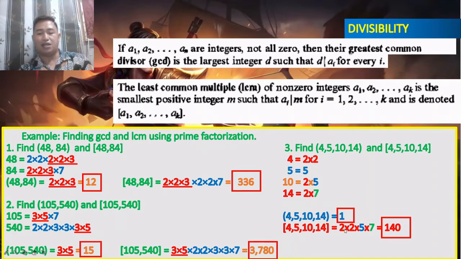Ay nagyapilan isa ka times 2 no, so duha ka 2 na duha ka 2 na tanan factors dapat ko sa si 5 na si 5, si 2 times 5 na adire 2 times 5 and then 2 times 7 na apod si 2 times 7 dara di ba, isa ka 2 isa ka 7, so i-times mo tanan, class, that is 140. So si 140 ang LCM. So 140 ma-divide siya ni 14, ma-divide siya ni 10, ma-divide siya ni 5, o ma-divide pa siya ni 4. Okay, divisible na siya ano nila upat.